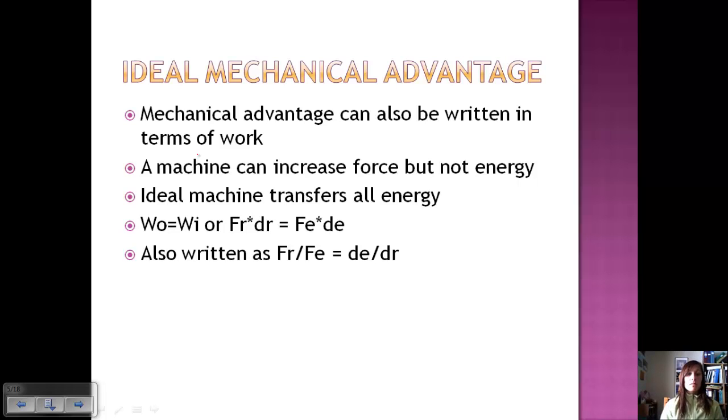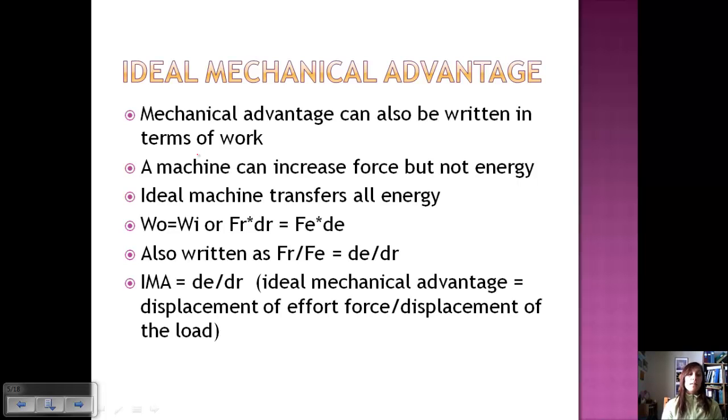We can rearrange this to write it as the ratio of F sub R over F sub E, which remember was our mechanical advantage, equal to the distance exerted divided by the distance of resistance. This is equal to the ideal mechanical advantage. And so it's the displacement of the effort force divided by the displacement of the load, which is the resistance, which we're going to consider as the machine.